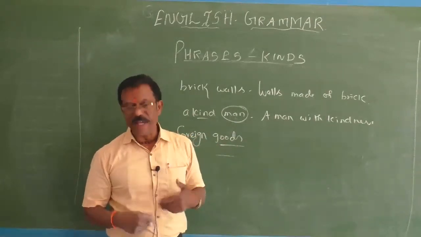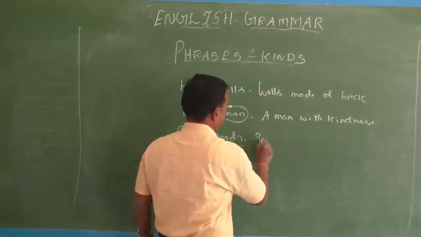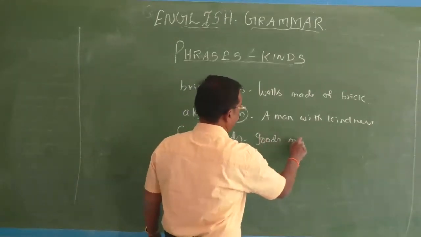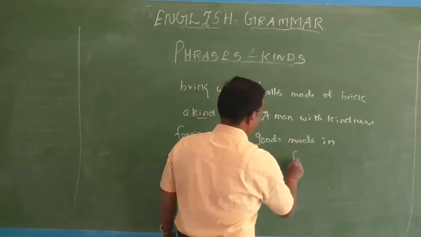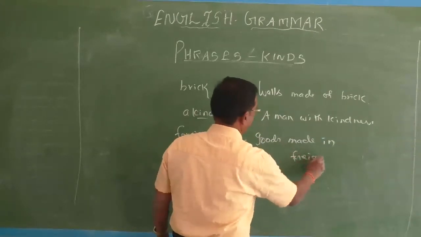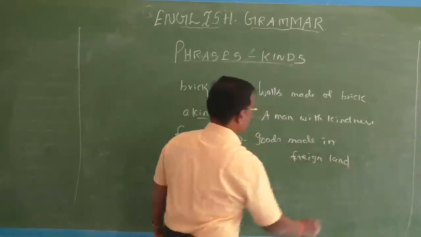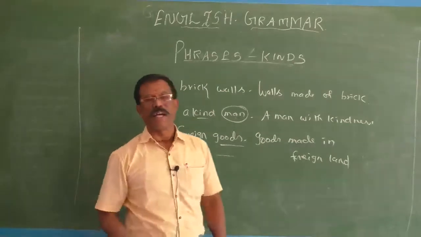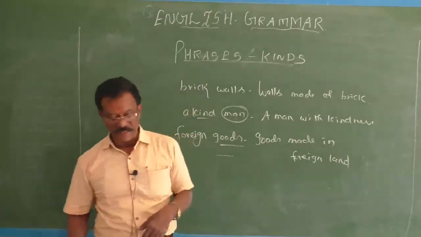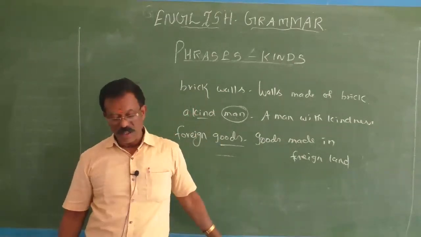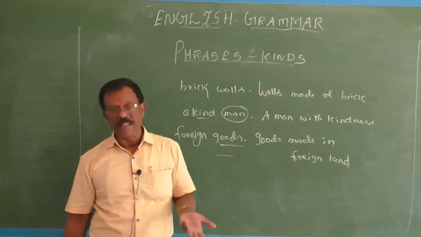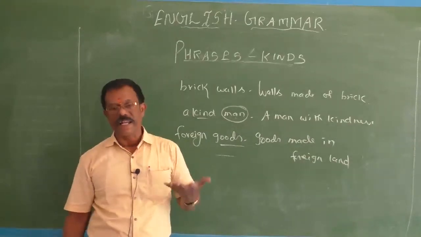So goods made in foreign land. Here you can say goods produced or made in foreign land. See, goods made in foreign land are imported. Okay, you can say like that. These imported goods are foreign goods. You can say that these goods made in foreign land are imported.